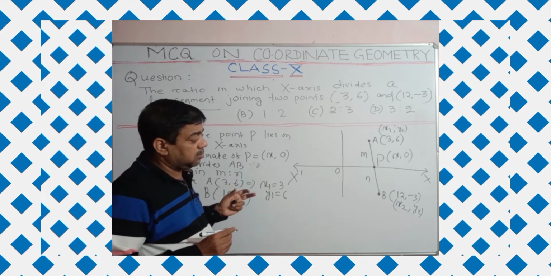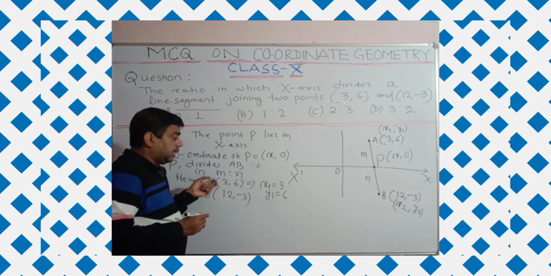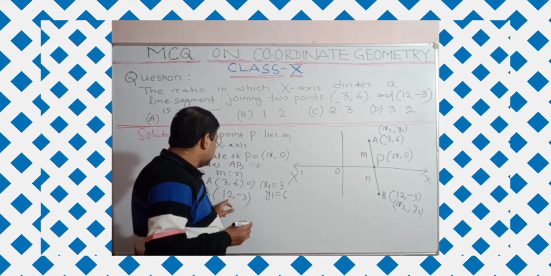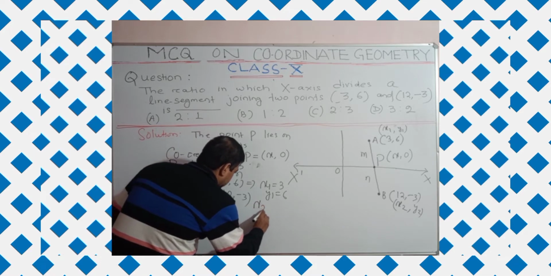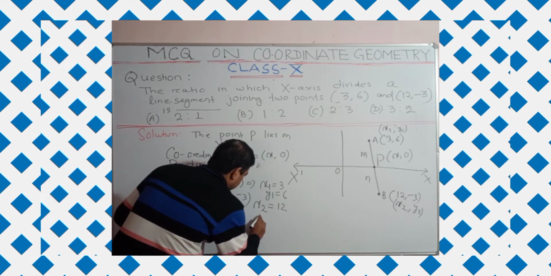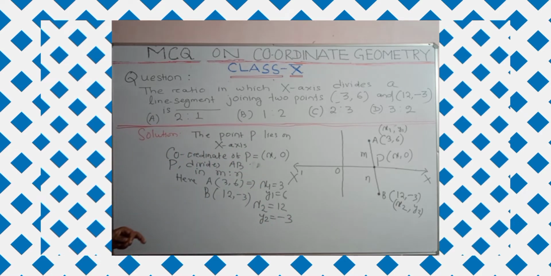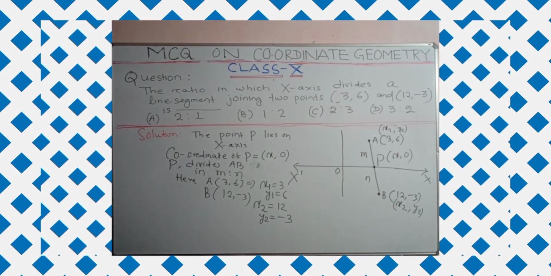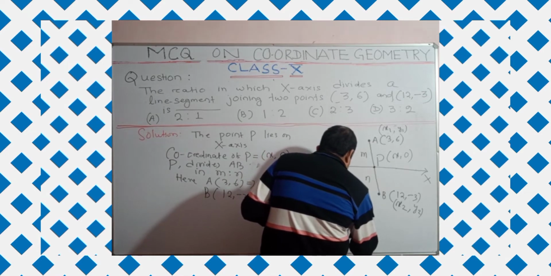Sometimes you see one number and write another, so you have to check the numerical values exactly as given. So here the x coordinate is given as 12, so x2 is equal to 12 and y2 is equal to -3. Yes or no? Okay. Now one concept: here the coordinate of P is (x, 0).